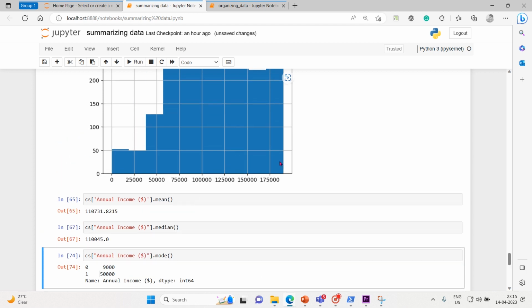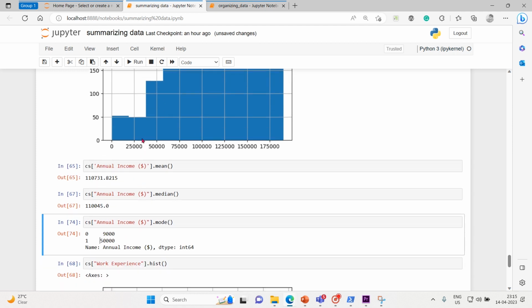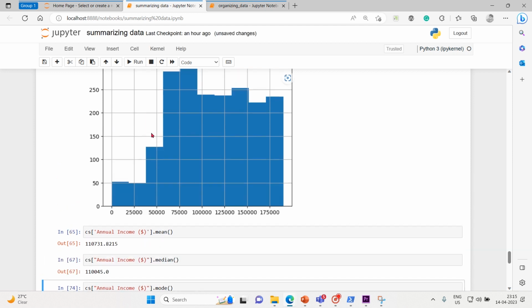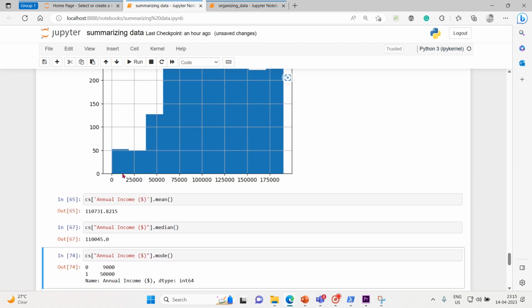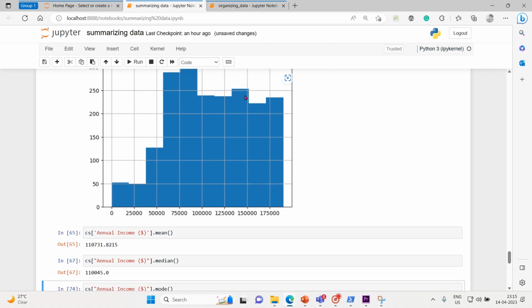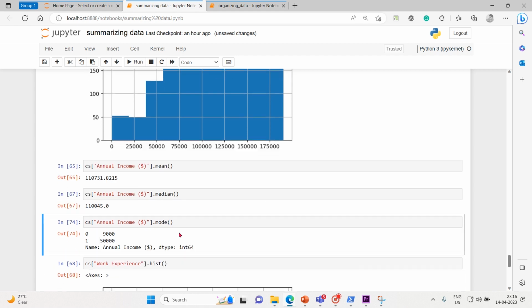Obviously this data is skewed towards this side. So you got two modes. This is a bimodal. One is 9,000, in between 0 and 25,000, and the second one would be here, and the remaining by and large remains uniform. So that's what it's saying. It's a bimodal.